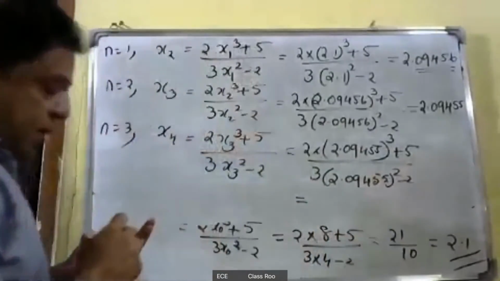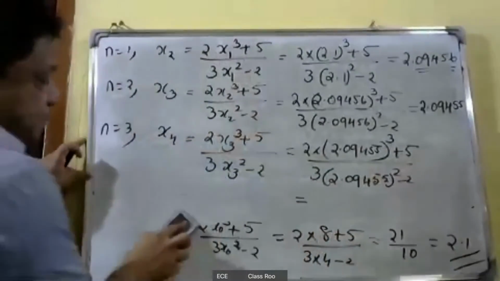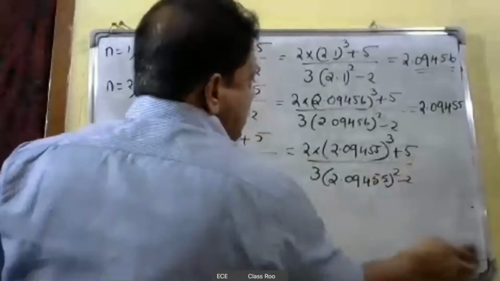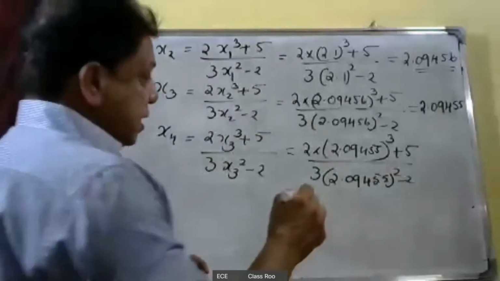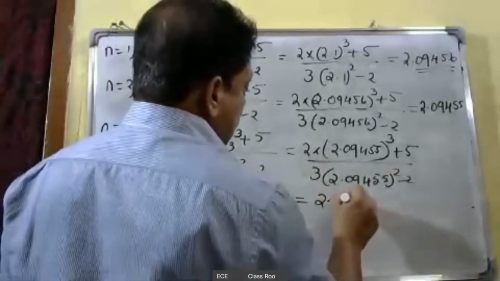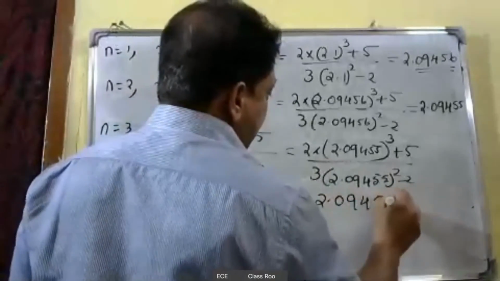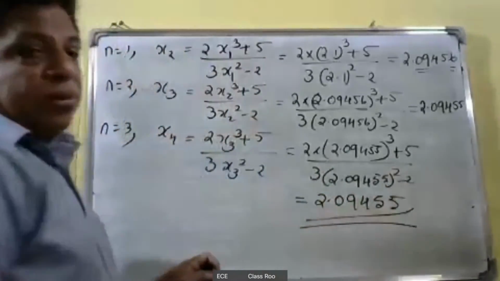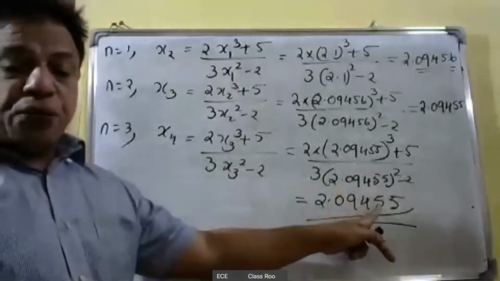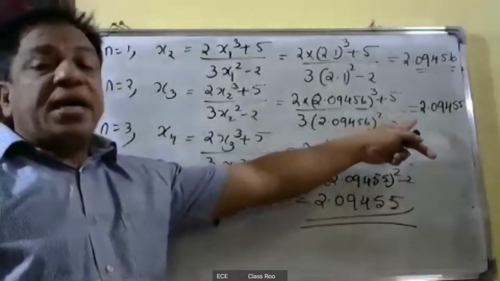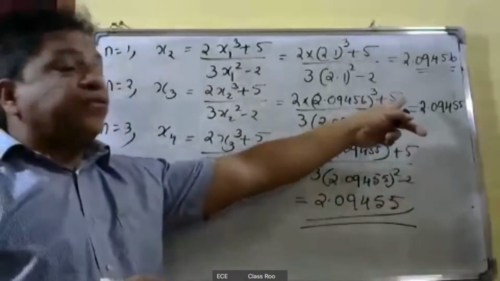By using calculator, we get the value of x4 is equal to 2.09455. Therefore, we can take the root of the given function.